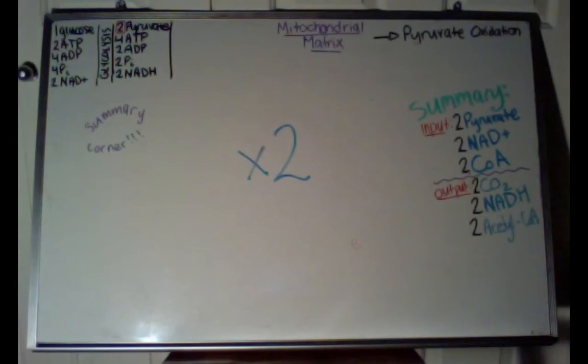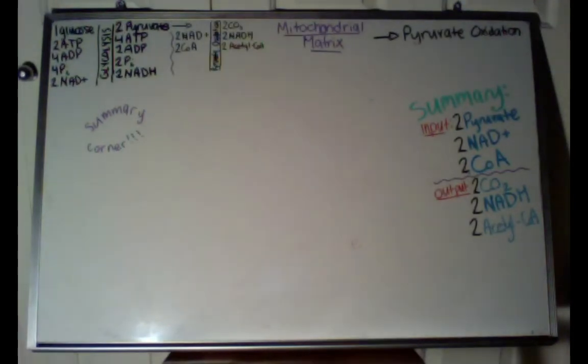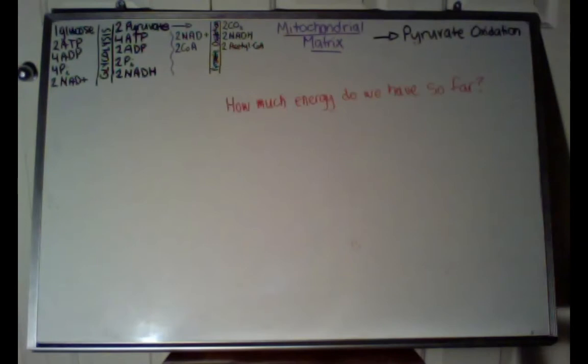So if we have our 2's up there, we can safely stick it up into our summary corner, which is beginning to grow. So, how much energy do we have so far? Well, energy, in terms of a cell, can be measured in how much ATP we have, because ATP is the usable energy form in the cell by breaking off that last phosphate.